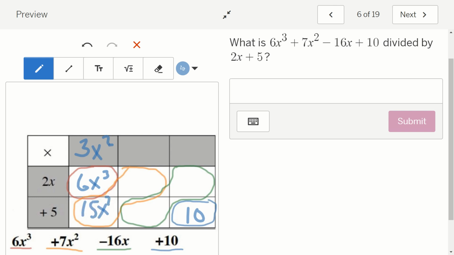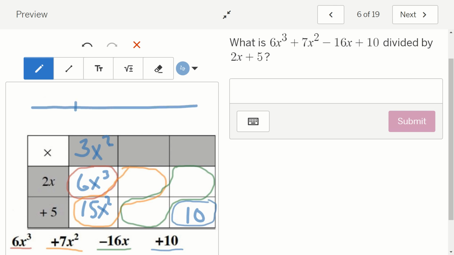Okay, now we have to do some thinking. Remember, this box plus this box have to give us 7x squared. So the question is 15 plus what gives me 7? And in this case, it would be negative 8. I learned last year that a number line can help you tremendously with this. So if you know you need a 7 and you have a 15, if you picture a number line, I'm going to erase this in a second.